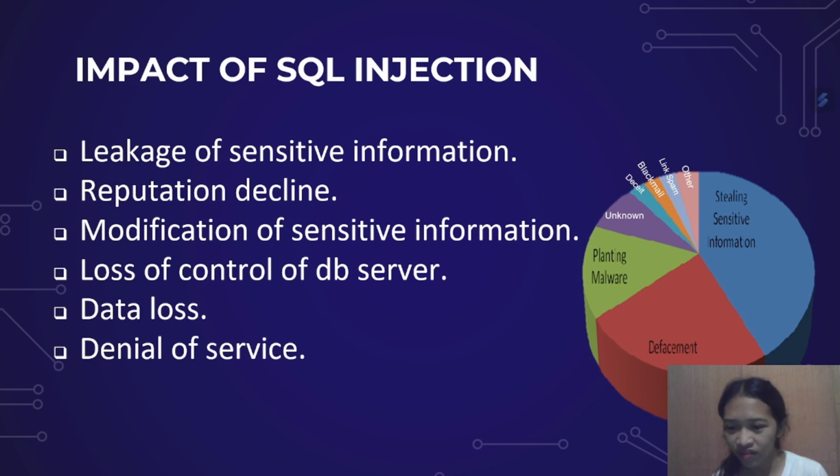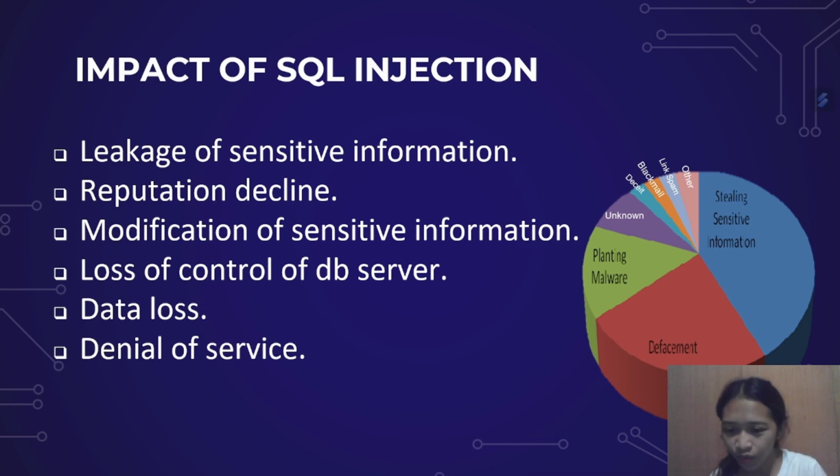First, we have the leakage of sensitive information. This attack can allow an attacker to access and extract sensitive information from a database such as personal data, financial data, login credentials, and more. This information can be used for identity theft, financial fraud, or other malicious purposes.